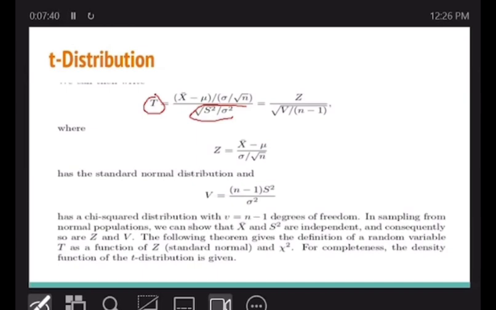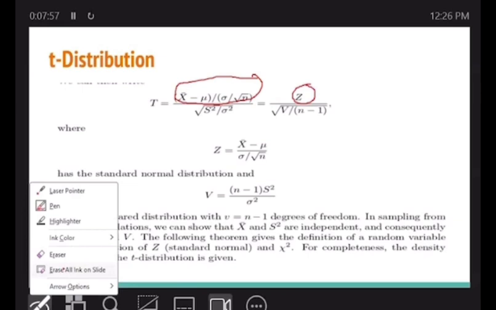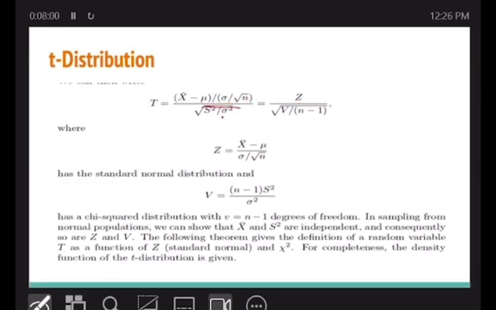Now you know that the numerator here is actually Z. And let me also tell you, mathematically speaking, we can rewrite this guy to be the same as this, which means S squared, the sample variance, divided by population variance, equals V divided by n minus 1.